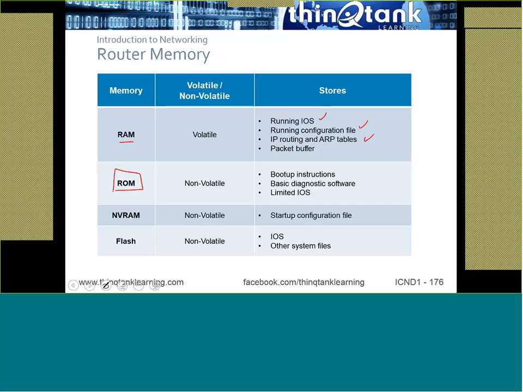You can kind of think, even though it's not quite the same, of ROM as your BIOS. It has limited boot information, basically like a bootstrap code. It has limited IOS, and it has some basic diagnostic software.